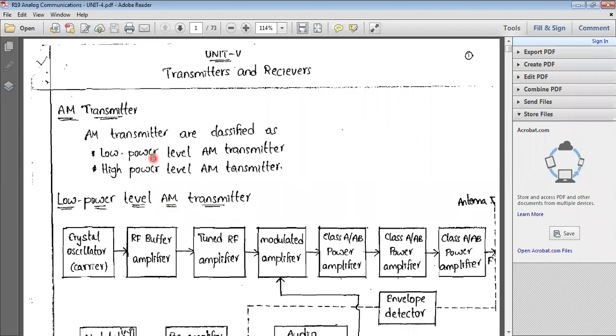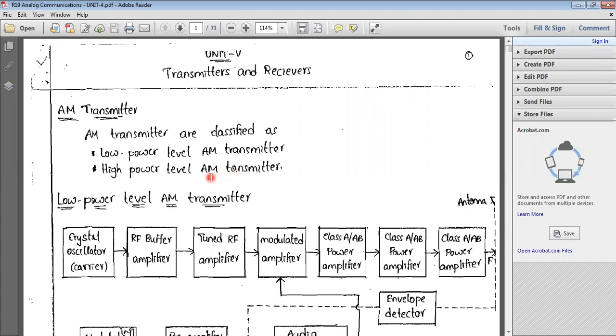If the modulation is done at low level, that is before amplification of the signal, then it is called low power level. And what is high power modulation? In high power modulation, first the amplification is done, and after amplification, the modulation is done. That is called high power level.